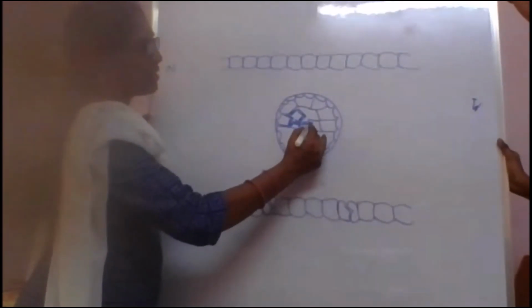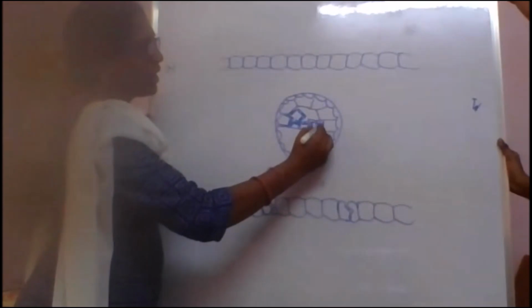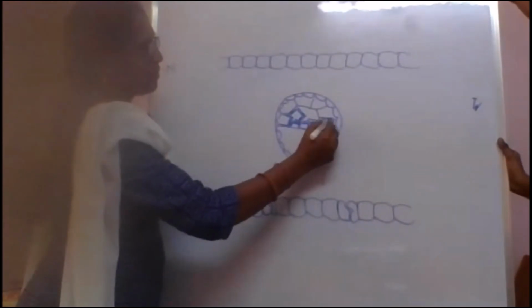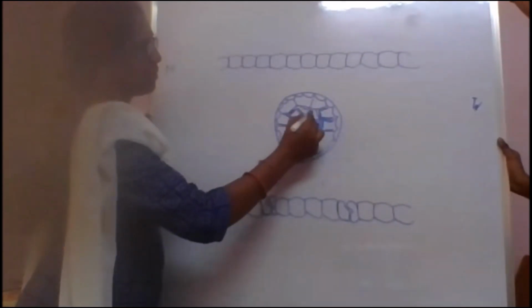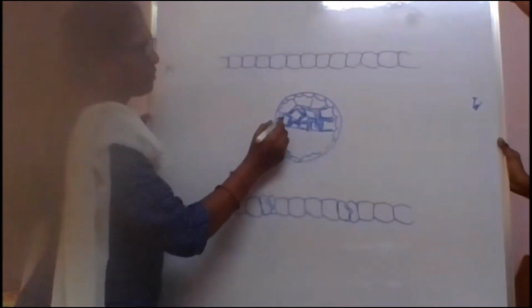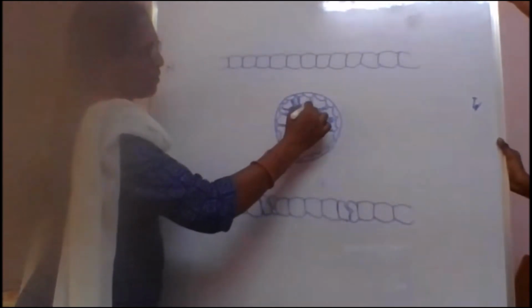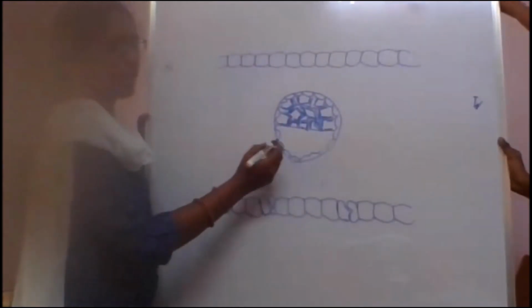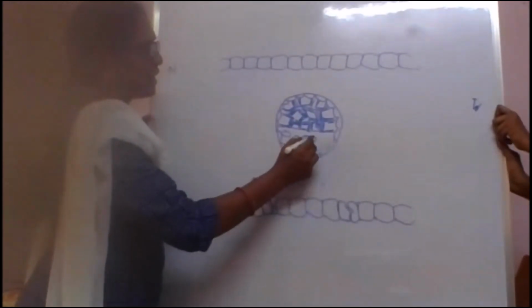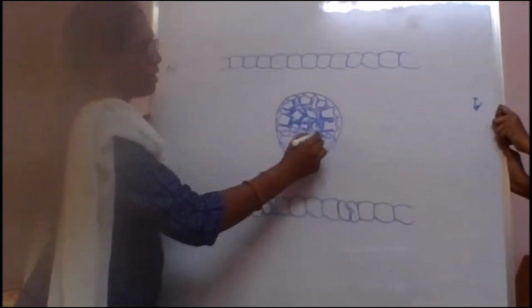Xylem cells are dead cells which will conduct water. Next, this is phloem which will conduct food material. So simple round cells.